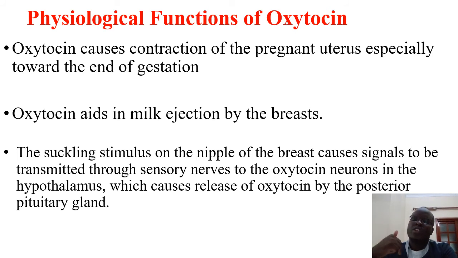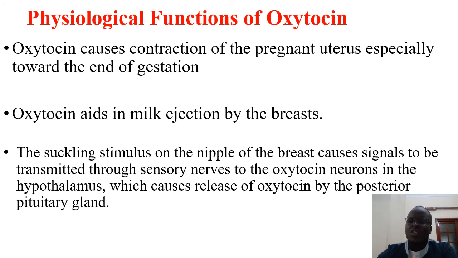The action potentials are propagated towards the axon terminals, which causes influx of calcium and exocytosis of oxytocin. The exocytosis of oxytocin is facilitated by the presence of calcium, because we said the calcium will bind, and the v-SNARE, t-SNARE interaction, synaptobrevin-syntaxin interaction, will bring about exocytosis of the oxytocin.